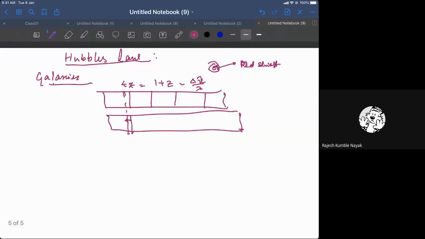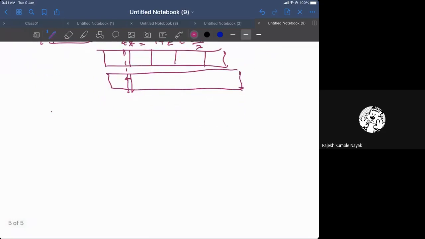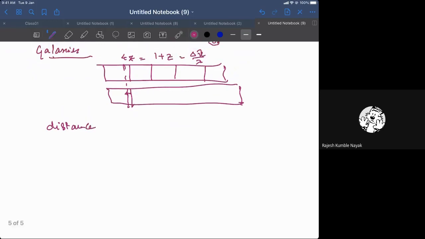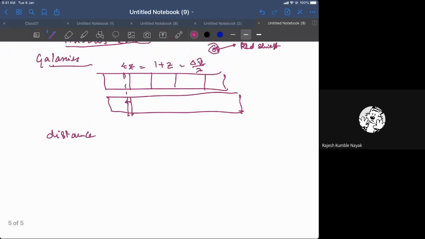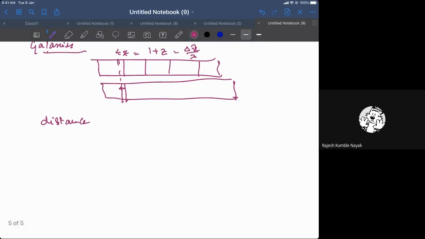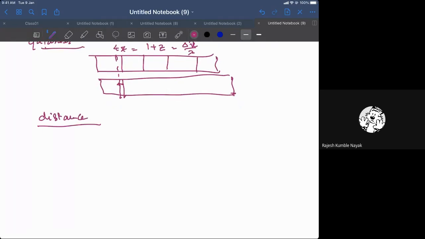But he also observed what is called the distance. This is the trickiest part. Observing the redshift is not an issue. He had a big telescope, he had a good spectroscope, and he could simply measure the redshift. But the problem was distance. Astrophysically, it's very difficult to measure the distance because there is no proper candle. One approach is what are known as standard candles.